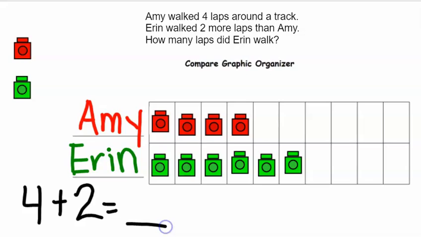And then what we were trying to find out was how many laps Aaron walked. So we knew we didn't know how many laps Aaron walked. And we knew that she walked 2 more laps than Amy. So we could take away the 2, but we do know that Amy walked 4 laps.